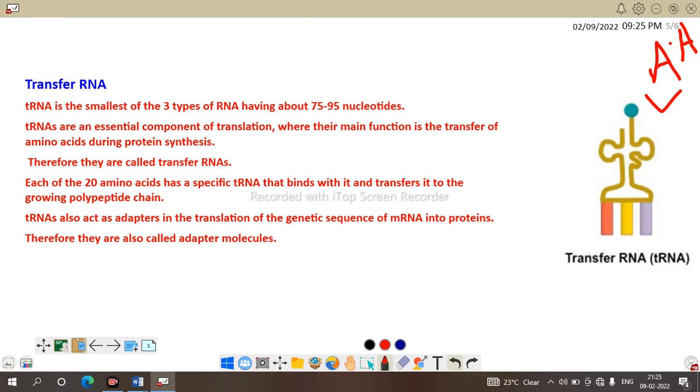So, they are called transfer RNA. Each of the 20 amino acids has a specific tRNA that binds with it and transfers it to the growing polypeptide chain. tRNA also acts as an adapter in the translation of the genetic sequence of mRNA into protein. Therefore, it is also called an adapter molecule.